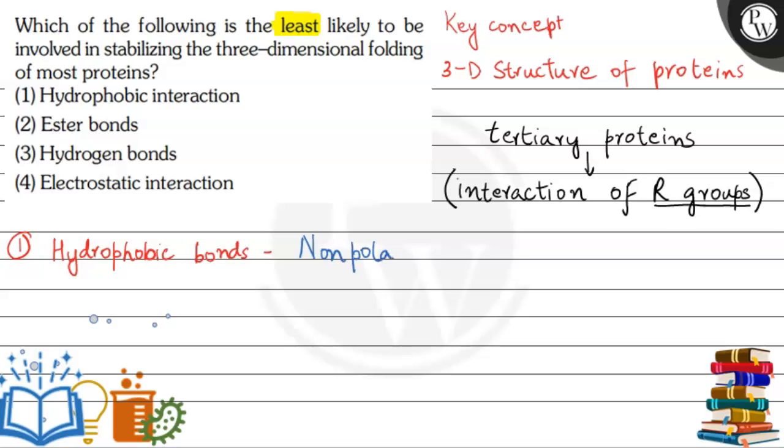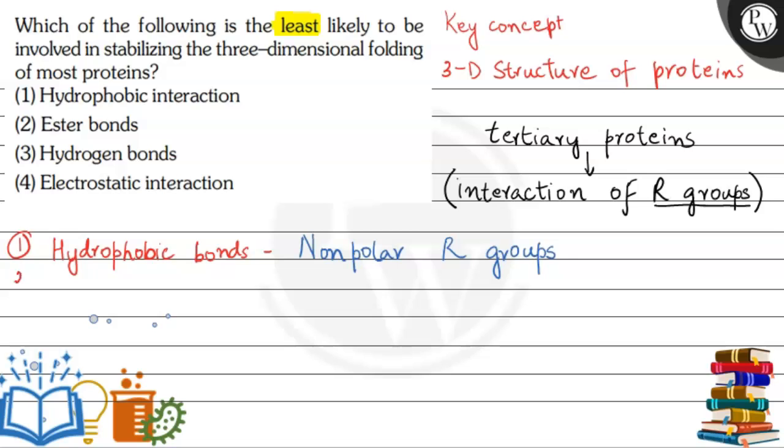Most of these bonds are found usually in globular proteins, where the hydrophobic groups are present on the inside of the globular proteins, exposing the hydrophilic groups for their interaction with the water molecules.